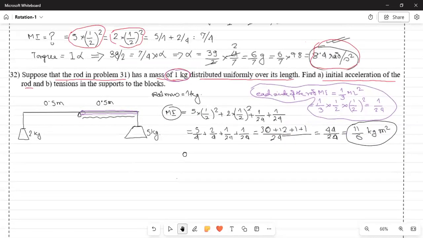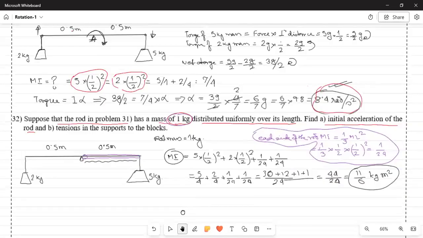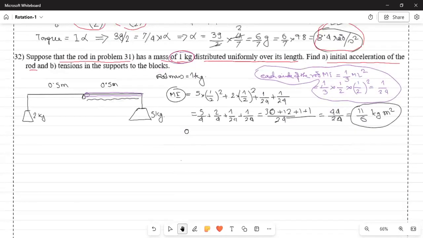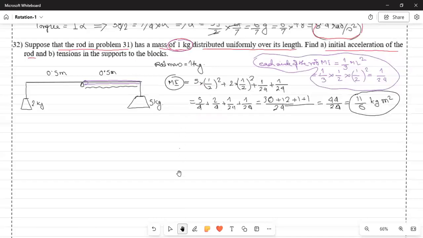Torque was 3g by 2, remember. So there is no difference in the torque. You use this moment of inertia with the torque 3g by 2, right?